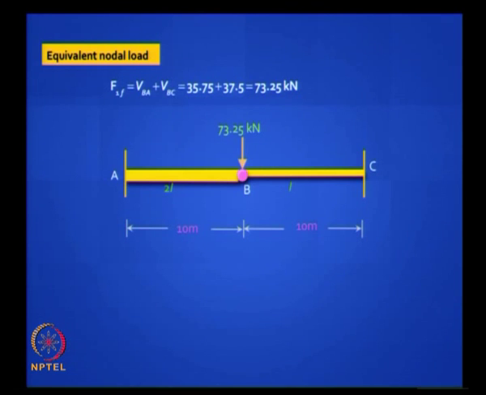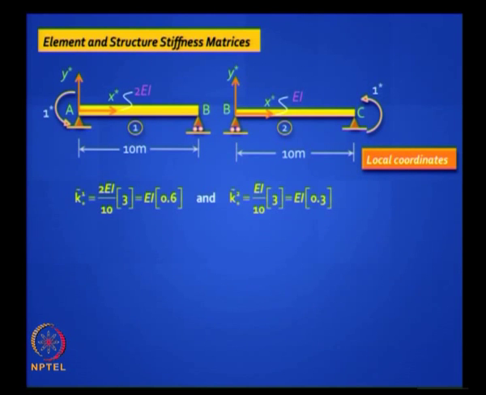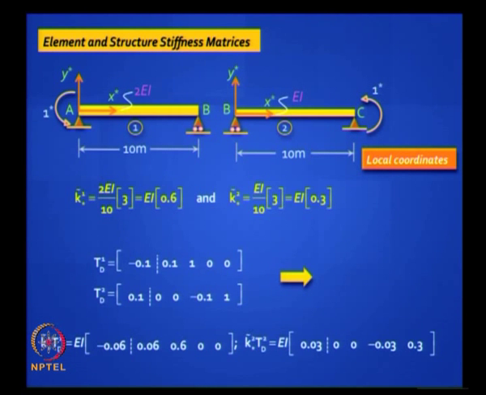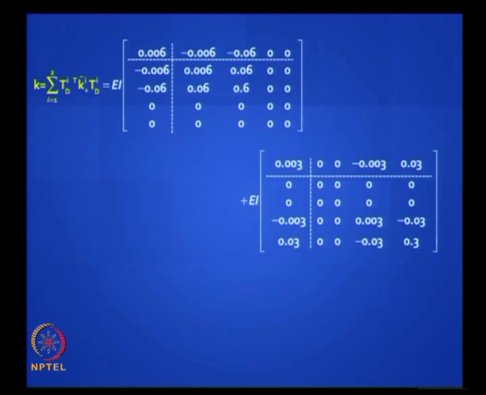Okay, so you have an equivalent joint load, and this is what we have to analyze, and that is easy. Let us generate the element stiffness matrices. You have 2 elements, single degree of freedom, EI, 3EI by L, easy to do, you got those numbers. Then you know the TD matrices, so TD, K star TD you can work out, and then do the summation.